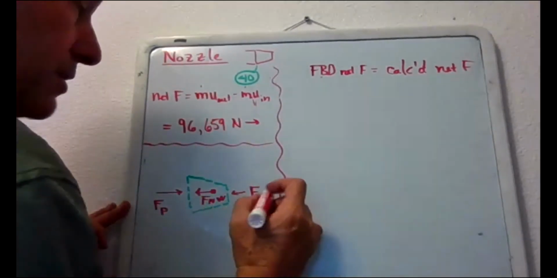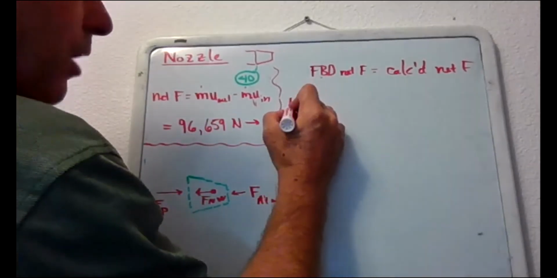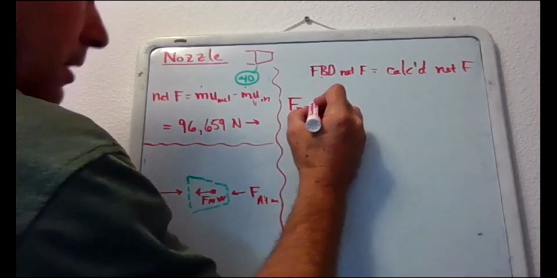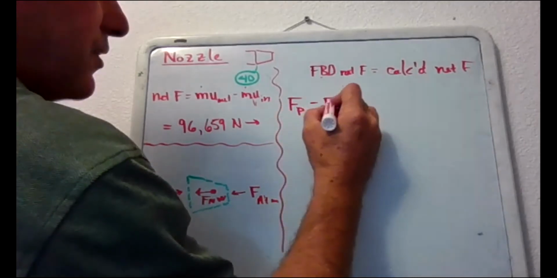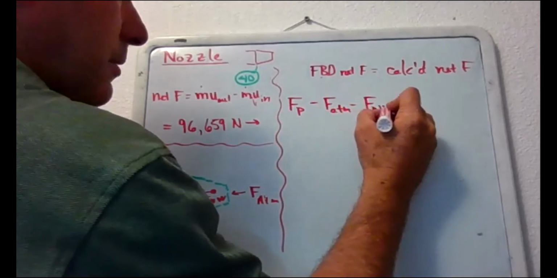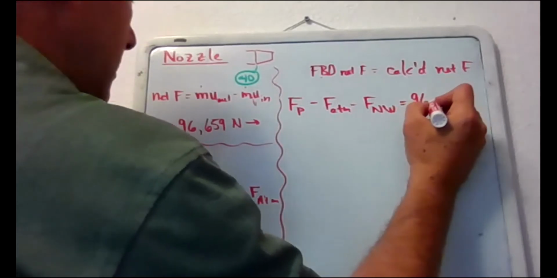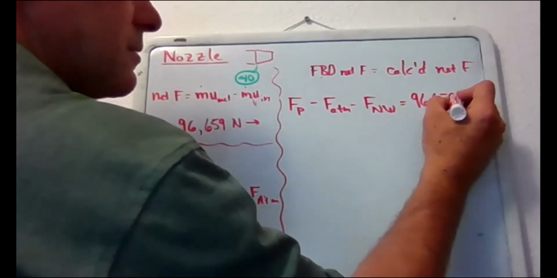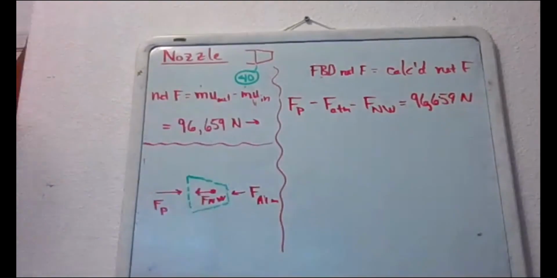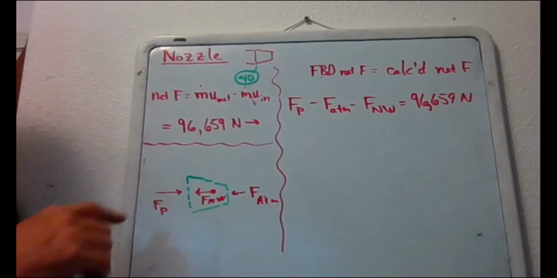Maybe I'll change this to the force of the atmosphere. So we've got the force of the water pressure to the right, minus the force of the atmosphere to the left, minus the force of the nozzle on the water, has to be equal to 96,659 newtons.